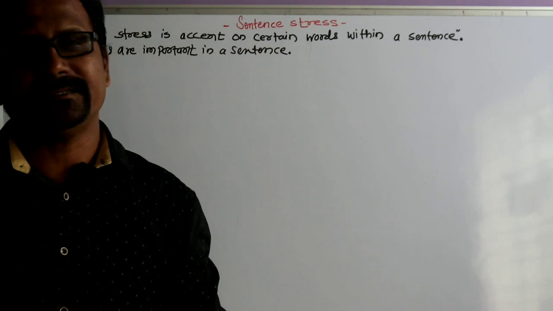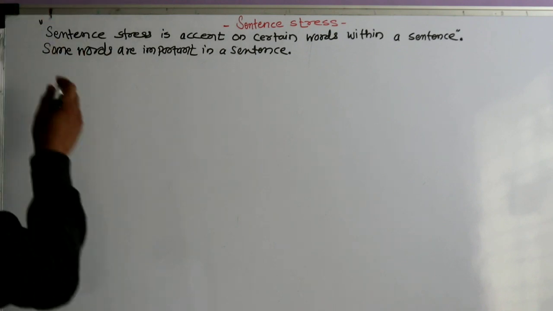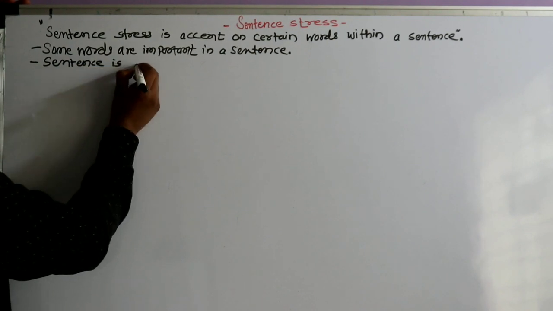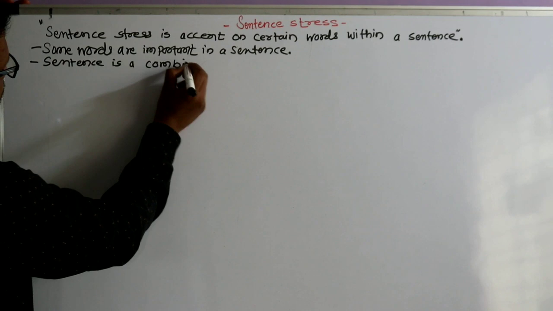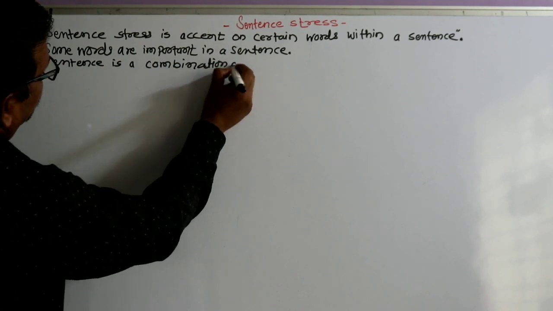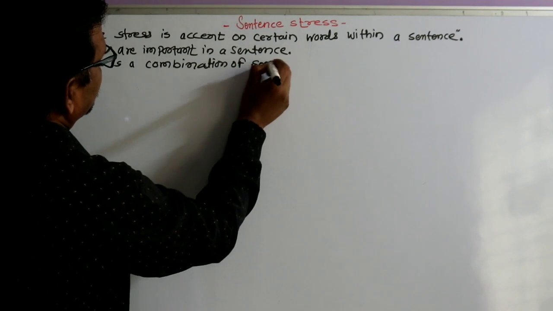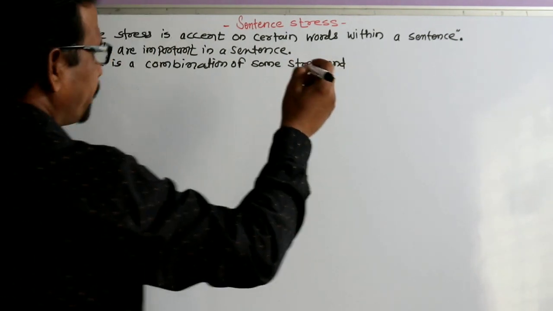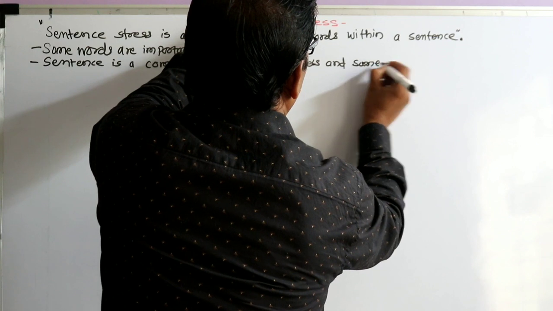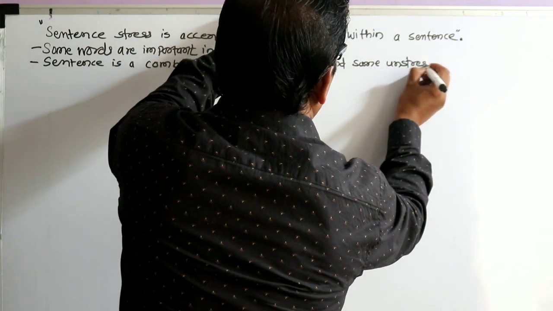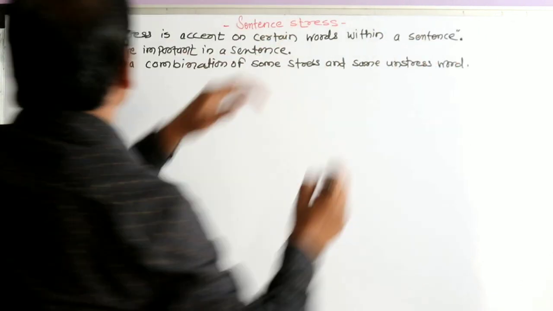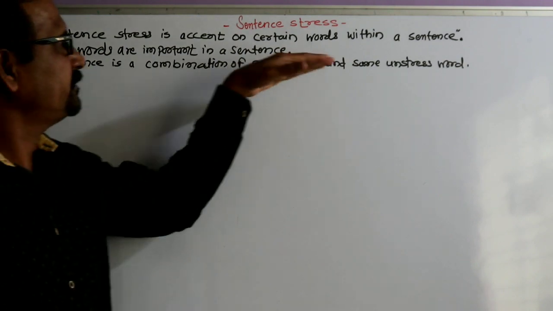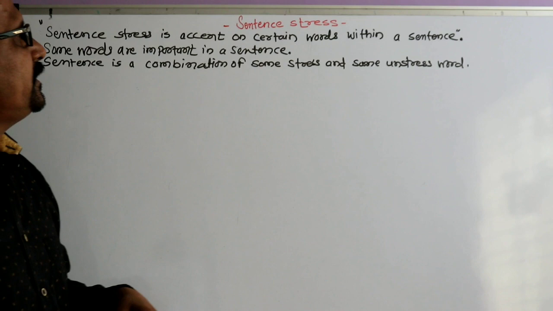And we can say that a sentence is a combination of some trace and some untraced words.